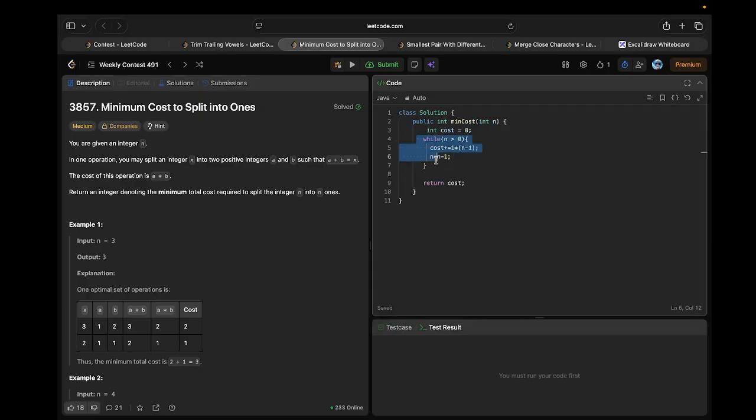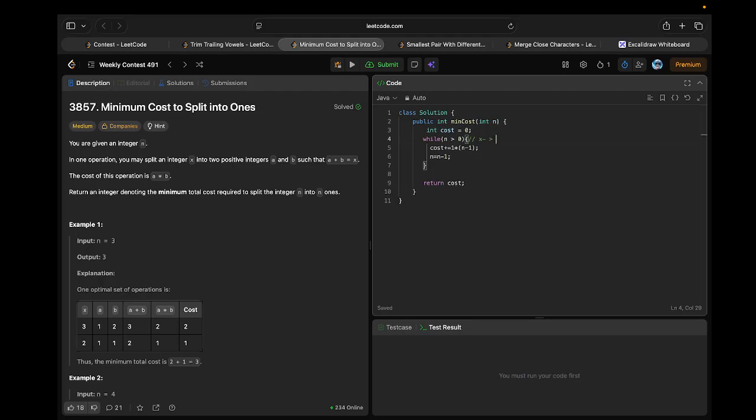What I'm doing over here is iterating till the value of n is greater than 0, and every time I'm just calculating. If I have to divide a number x, then what will give me the minimum cost?